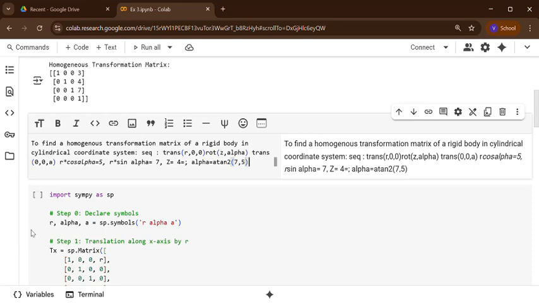In a normal calculator you can put tan inverse of 7 by 5 and you will get one value, that value is alpha. That alpha value you can substitute over here and you will get the R value.